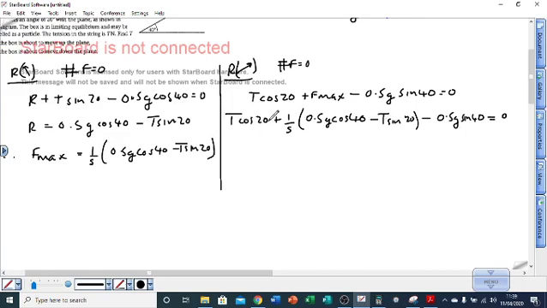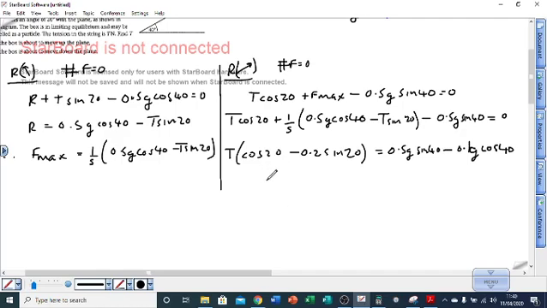Now I'm going to expand out and factorize the T. So T open brackets cos 20, that times that is a negative, and that is 0.2 times that, so 0.2 with the T removed is sin 20, equals, that gets thrown over, 0.5 G sin 40, and that times that is 0.1 G positive, becomes a negative 0.1 G cos 40.